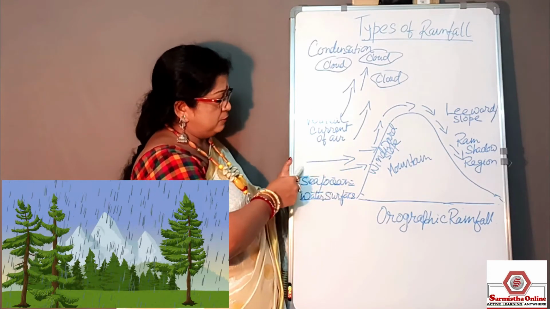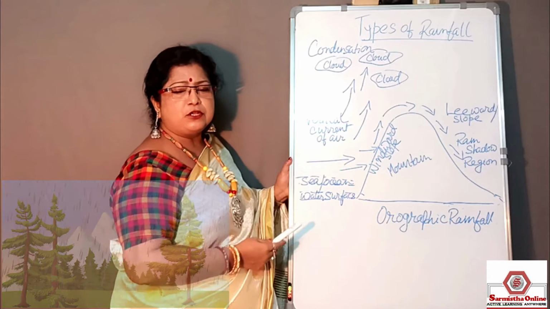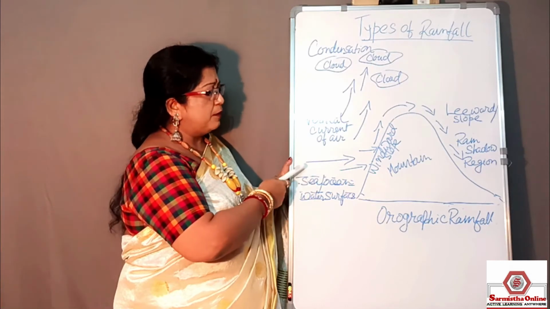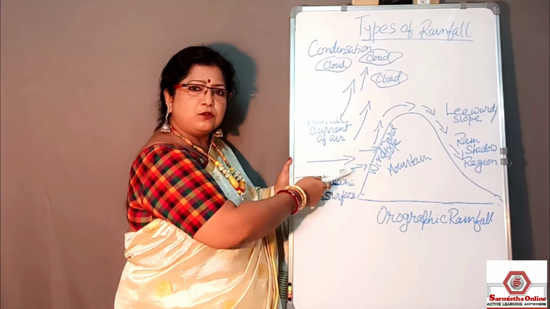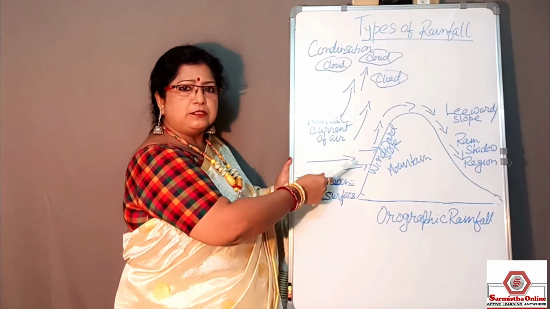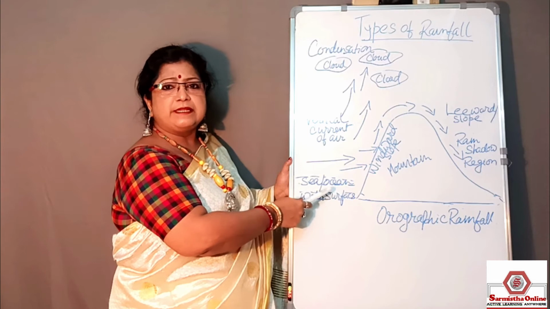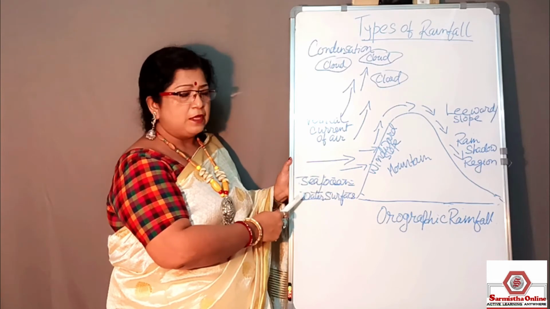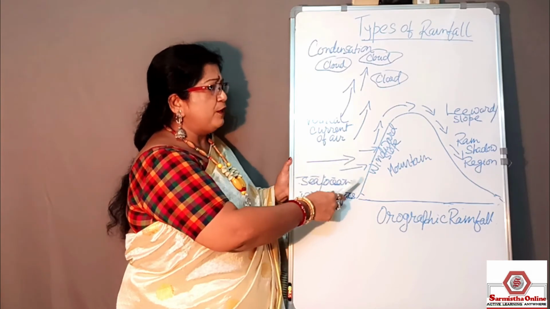So the direction from which the moisture laden wind is coming towards the windward slope, that slope of the mountain gets very heavy rainfall. This is known as the windward slope.